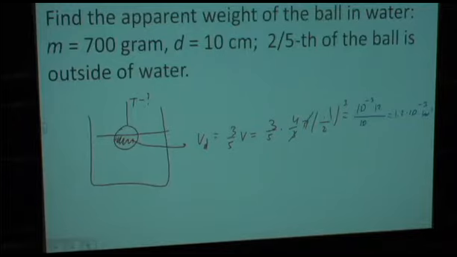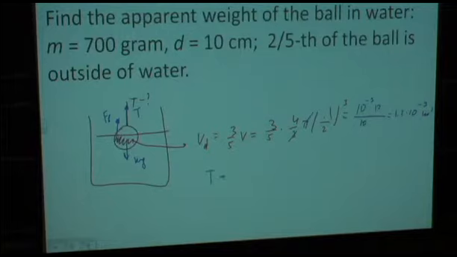That's the only new calculation which had to be done. The force of gravity is still the same. The buoyant force now will be different. So the tension will be different.